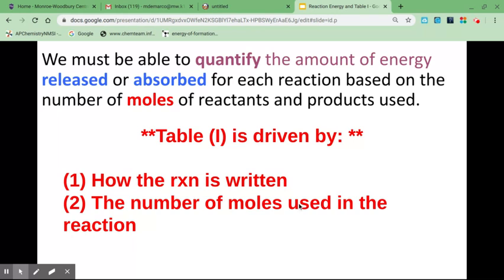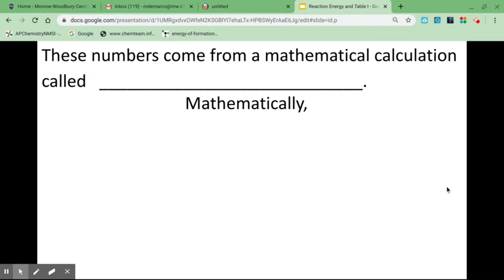Sometimes the number in front of a formula, the coefficient, is not going to match. Well, when these things don't match up exactly, there's some extra steps involved to understand how Table I works. When we look on Table I, we saw that Table I has the delta H values for all of those reactions. Remember from our previous presentation, delta H is the change in heat, and that vocabulary-wise is called enthalpy.